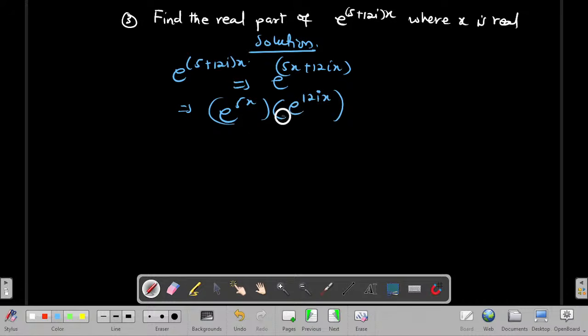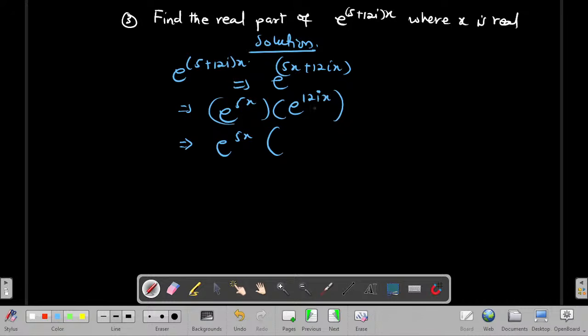At this step, I need the real part, only the real part, so I need not solve plenty. I just have to focus on how to get the real part. Since x is a real number, e to the power 5x is a real part, which I don't even have to bother simplifying again. So e to the power 5x remains.